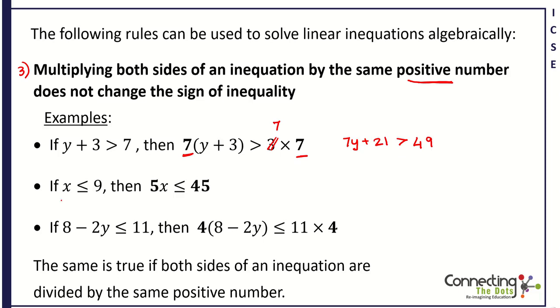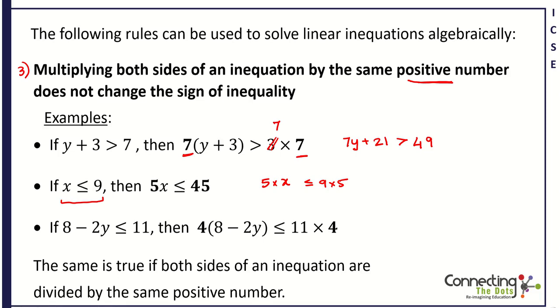Here we have the inequation x is less than or equal to 9, and both sides of the inequation have been multiplied by 5. 5 multiplied by x is less than or equal to 9 multiplied by 5. So both sides of the inequation are multiplied by 5 and the inequation does not change signs.